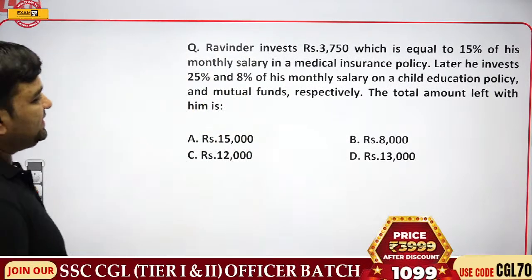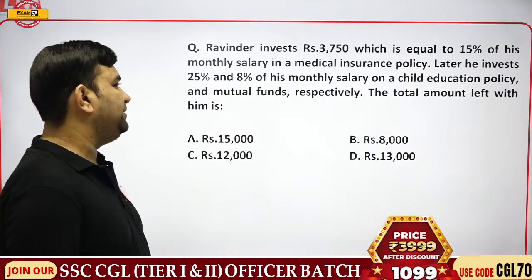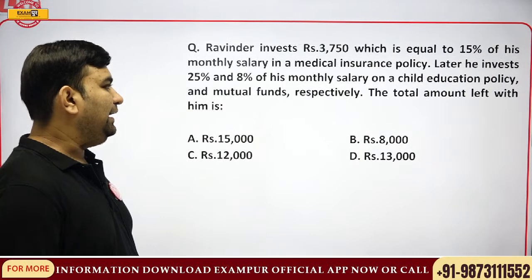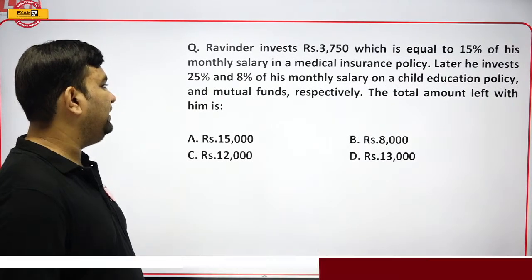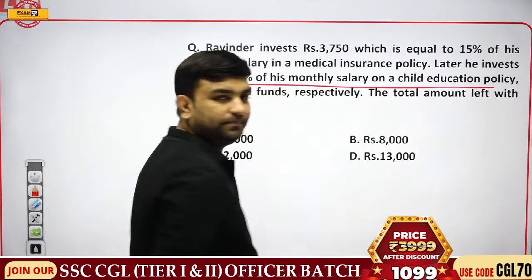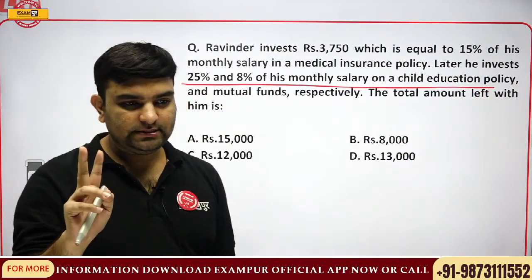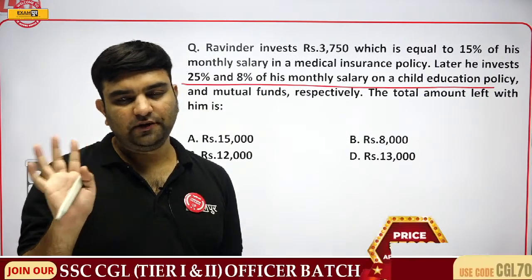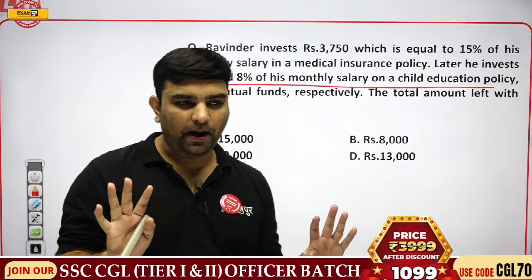Ravindra invests 3750, which is equal to 15% of his monthly salary in the medical insurance. Later, he invests 25% and 8% of his monthly salary, not of the remaining. Two different words. 25% of the remaining or 25% of the monthly salary. So it's a comparatively easier one.